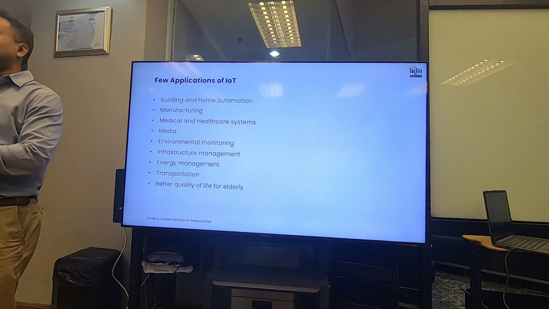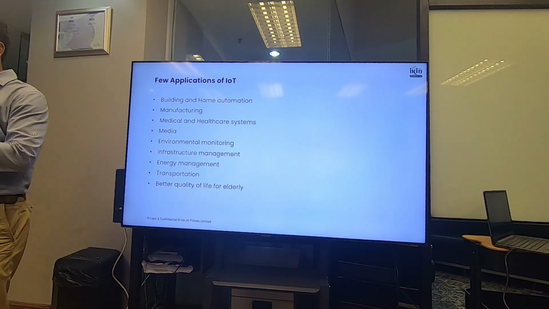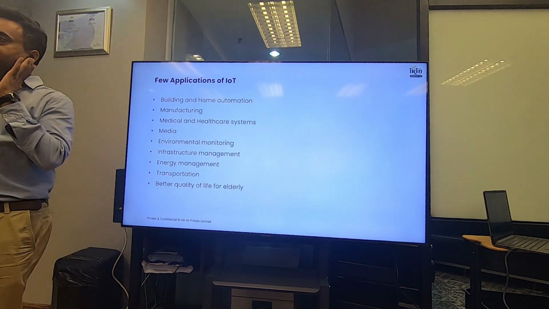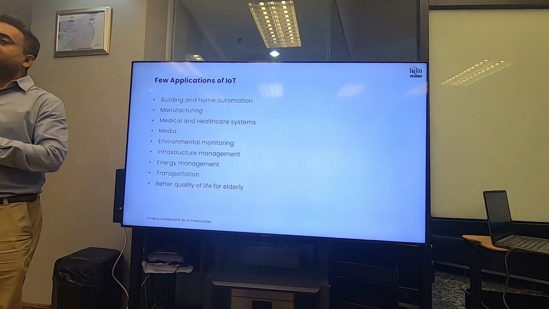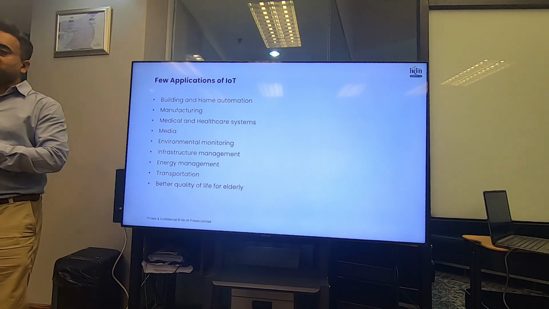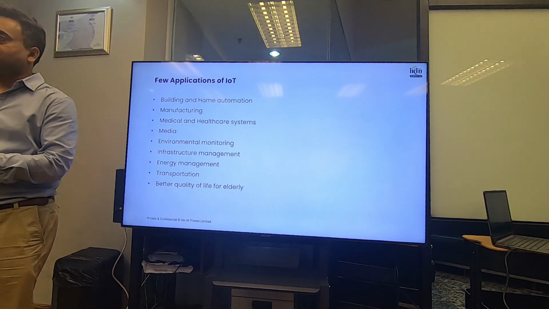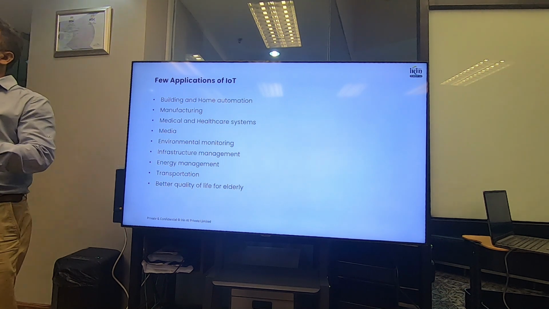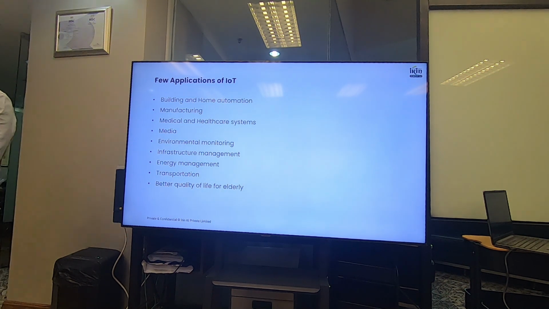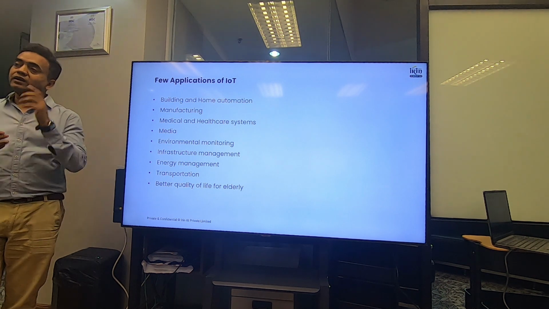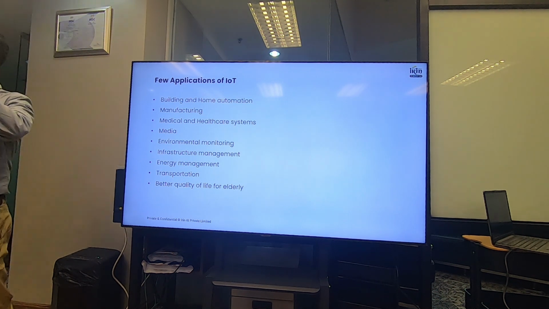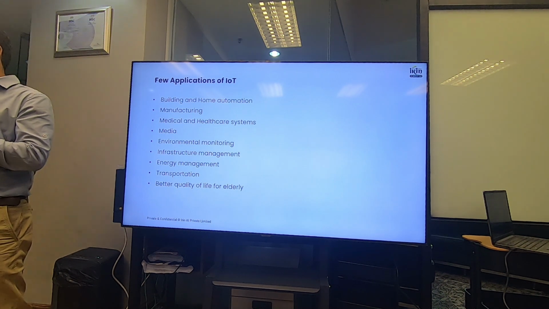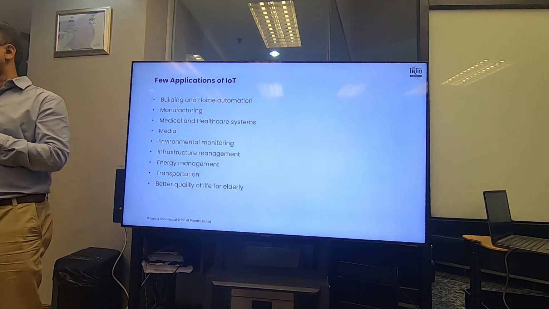At least in India, I know people whose kids are staying abroad, let's say in the US. They want to monitor their parents and grandparents here. Because they are using smart wearables, you get alerts, and then your relatives here get an alert, and they can notify doctors or take actions.